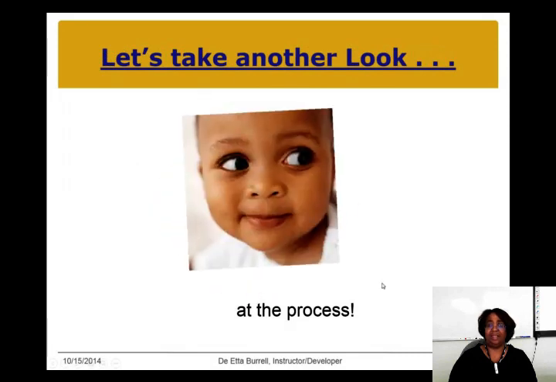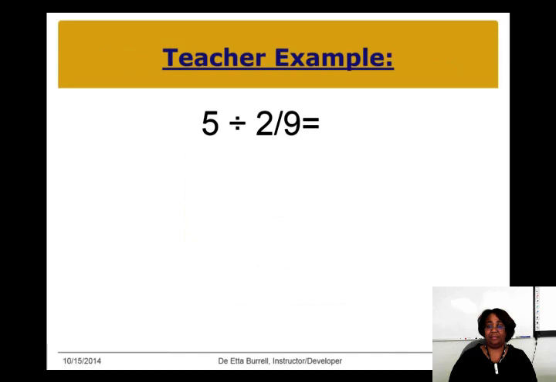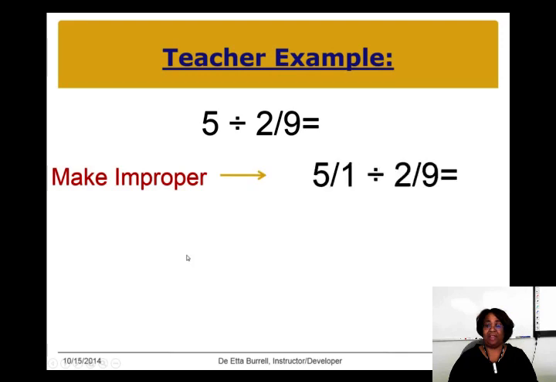So now let's take another look at this process. Let's say that I have the whole number 5 that I'm dividing by 2/9. What I want to do is I want to make the 5 improper. That's the first step. So that will become 5 over 1. And I'm still going to have 5 over 1 divided by 2 ninths.